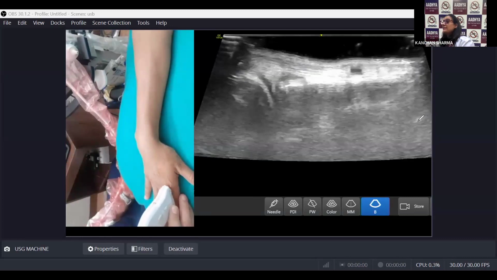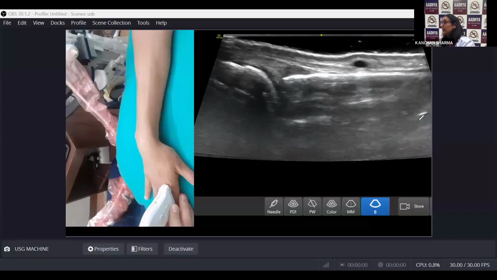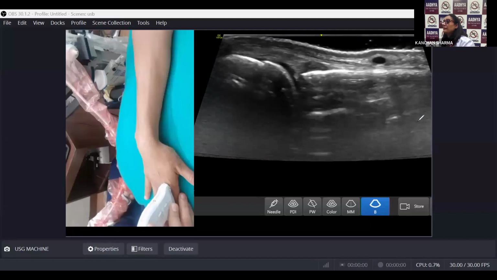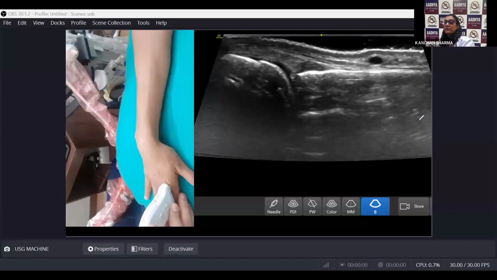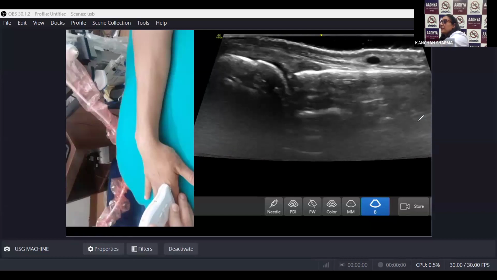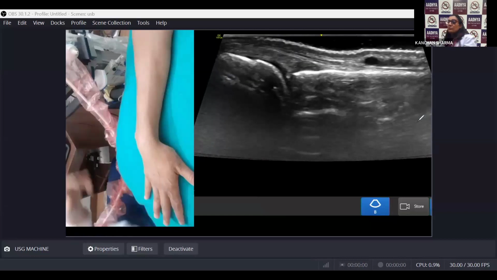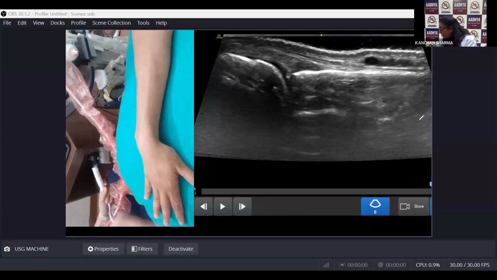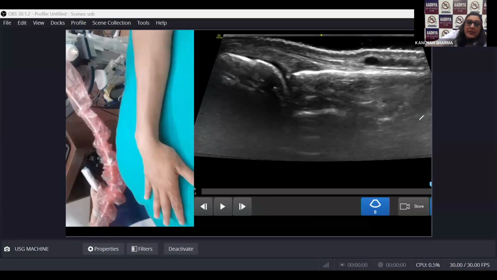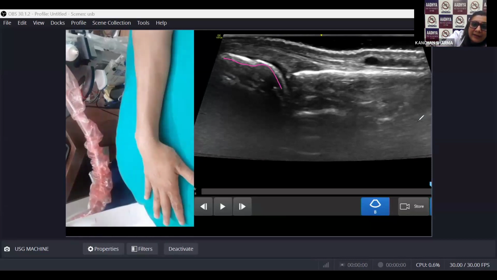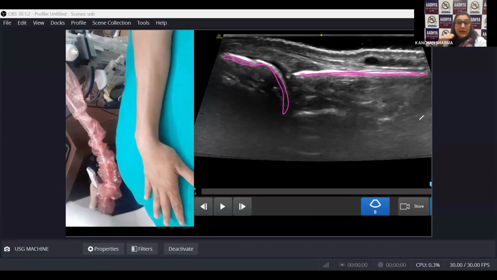Now you will be seeing something like this, right? Let me go back. So we are now seeing something like this. Because we are now coming distally, this is the metacarpal head, okay? And this is the proximal phalanx, which is starting up.